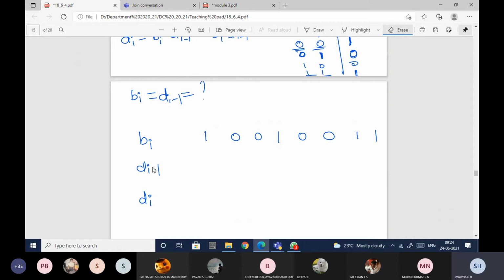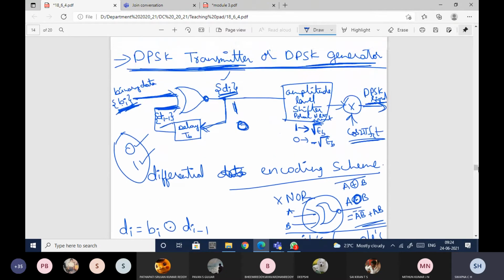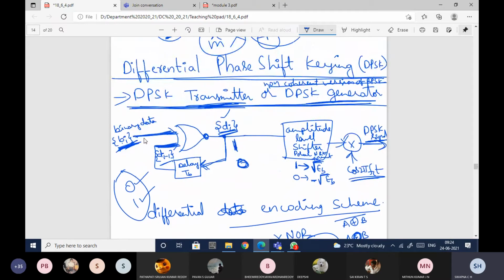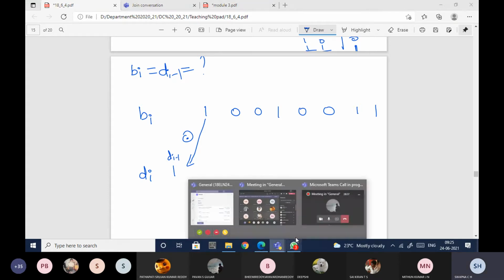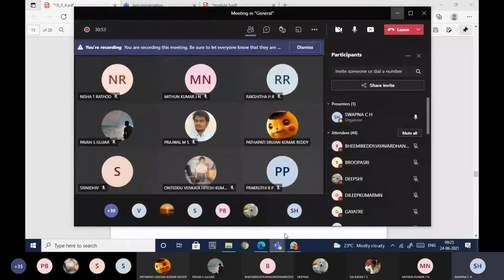The di output depends on bi and di minus 1. As I've already mentioned, you can take either 0 or 1 as the initial bit. Let me take 1 as my reference bit and do it. I need to perform the XNOR operation. Now this is nothing but your di minus 1, right? Hope you people are following.